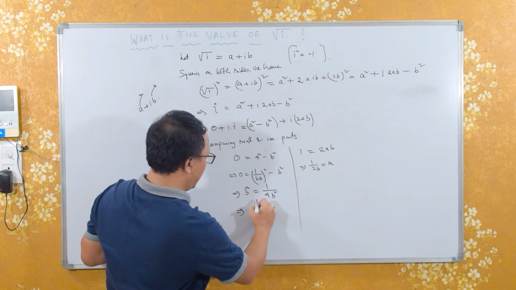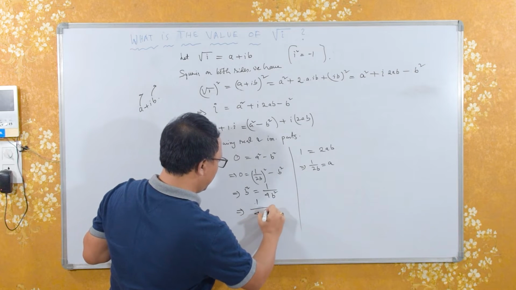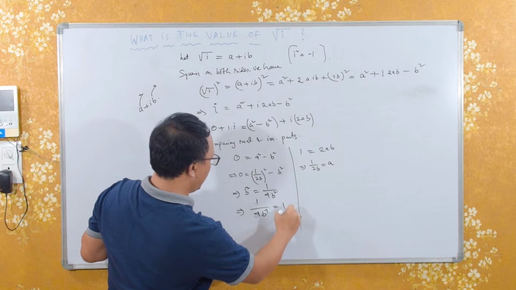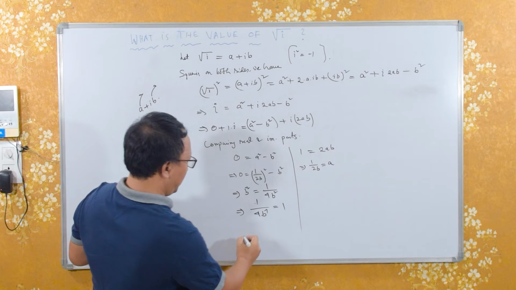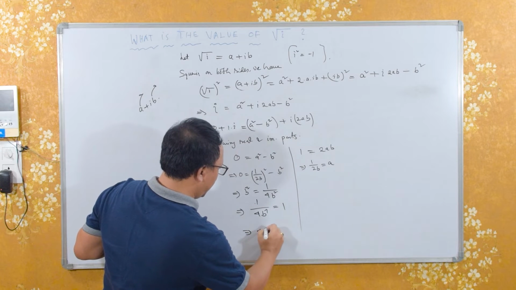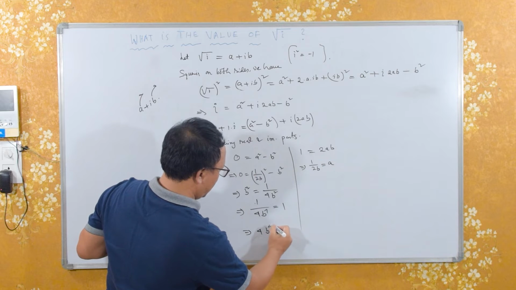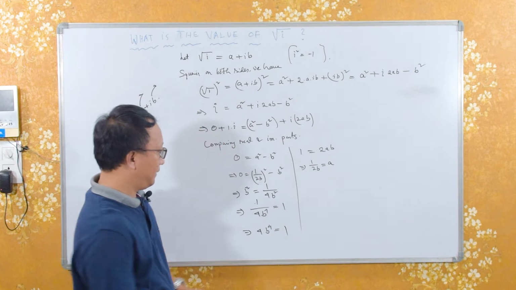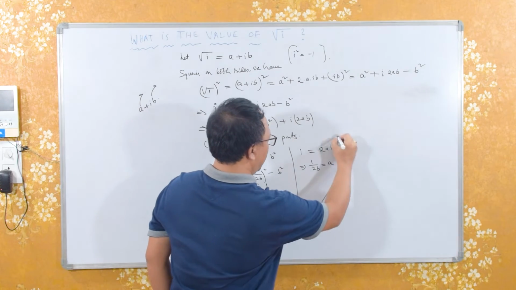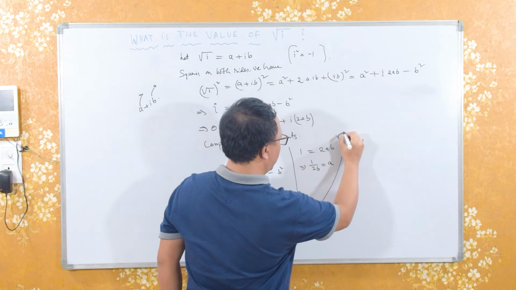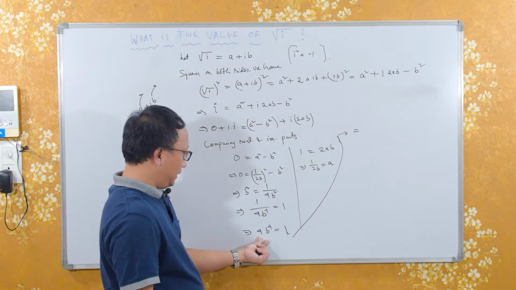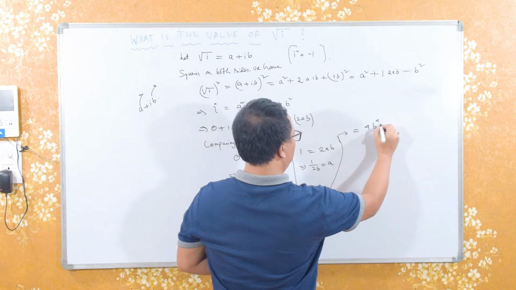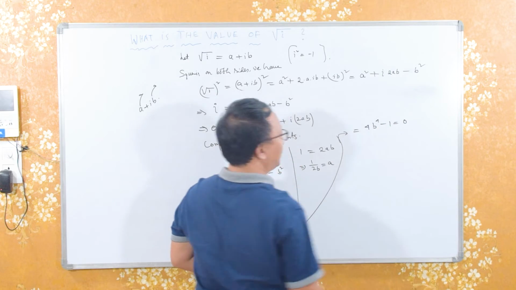I can multiply, so 4b⁴ = 1. Cross multiply. Again, let's bring it over here: 4b⁴ = 1, so 4b⁴ − 1 = 0.